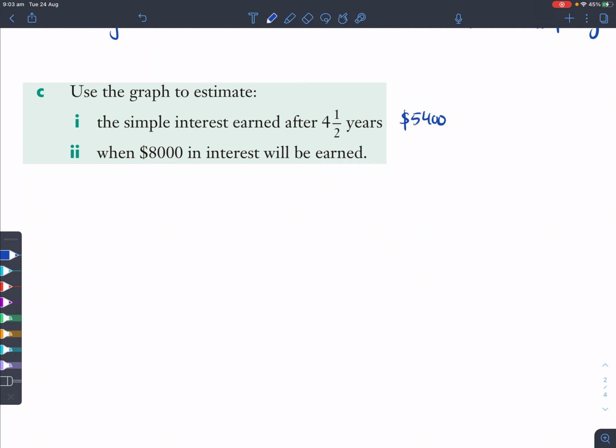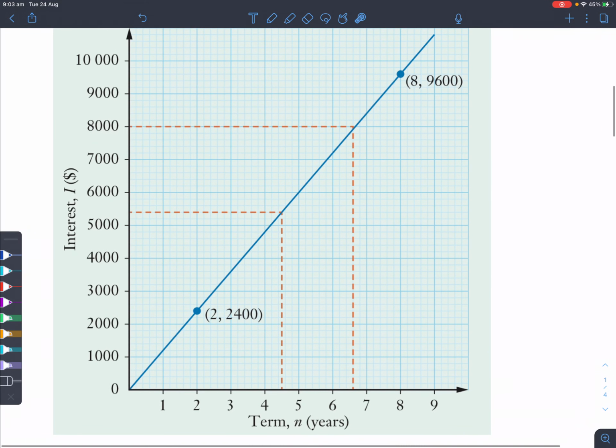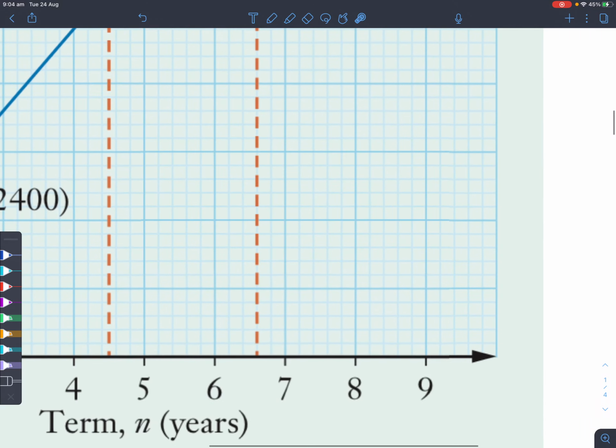Part 2: when will $8,000 in interest be earned? We look at our y-axis at $8,000. When do we actually earn that? We draw a horizontal line across, hit the blue line, the simple interest graph, and go down to the horizontal axis to see how long it takes.